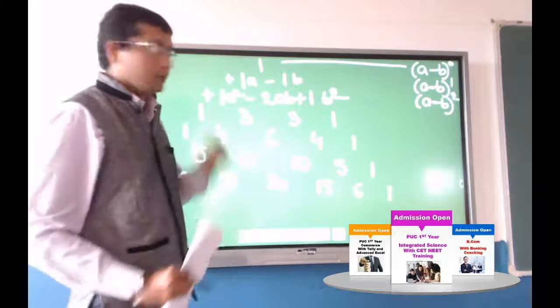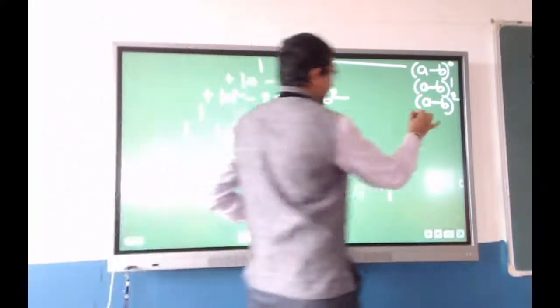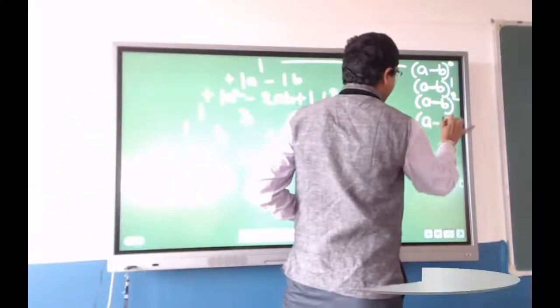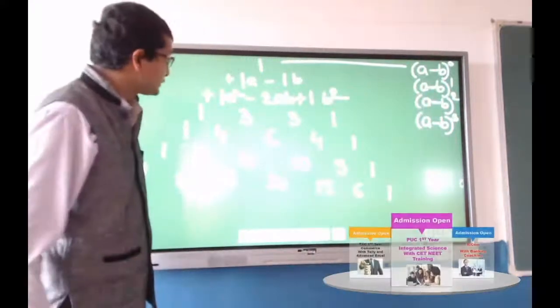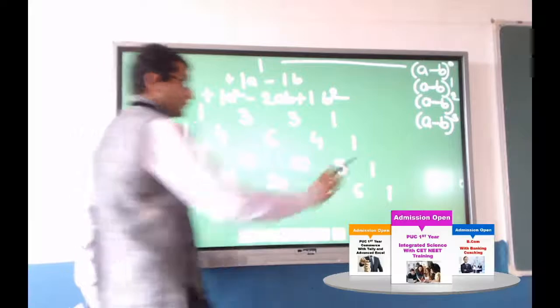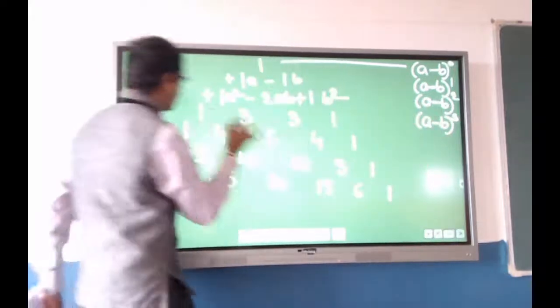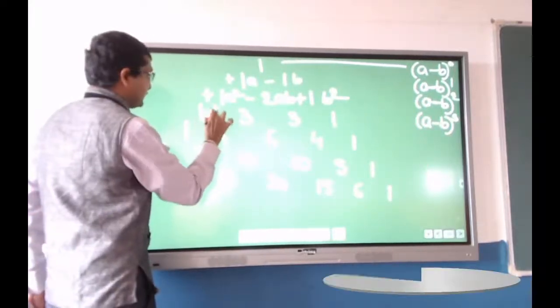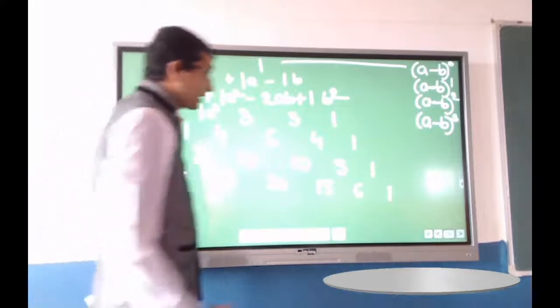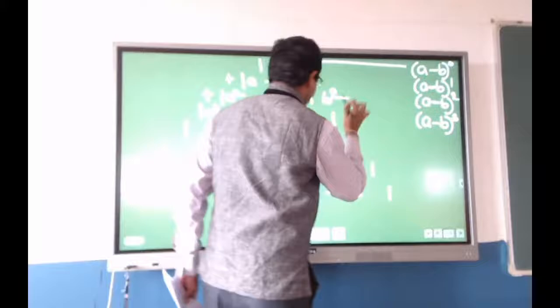So further, we will write the expansion of (a - b)^3. The same technique: a raised to 3, I write a raised to 3 on the left corner, and on the right corner b raised to 3, I write b raised to 3.